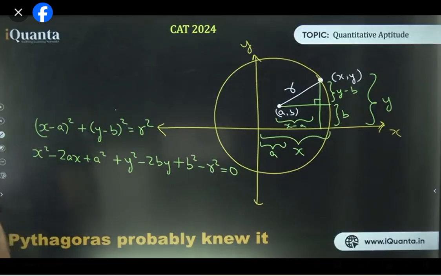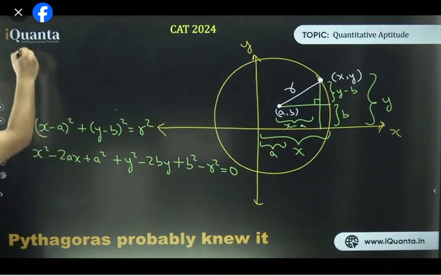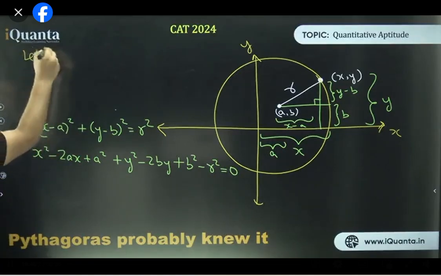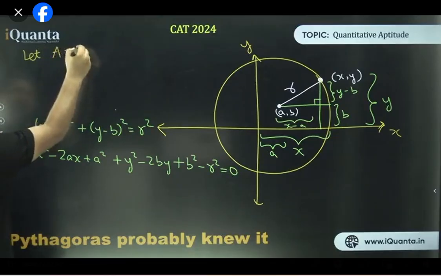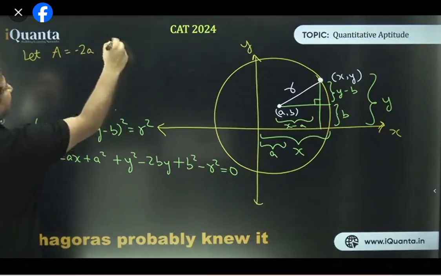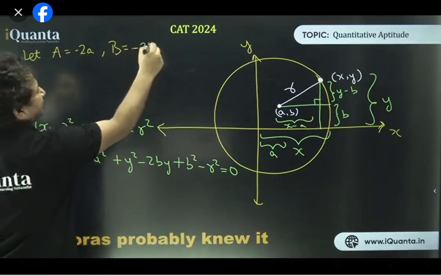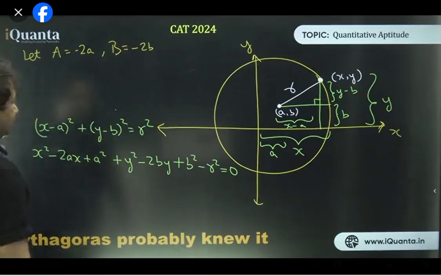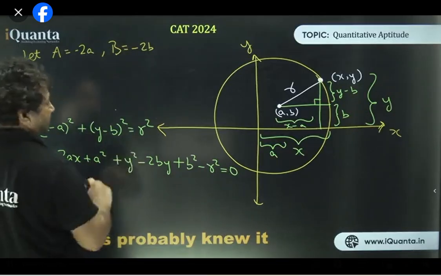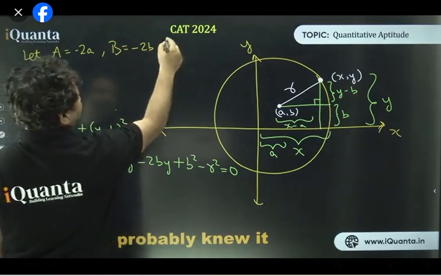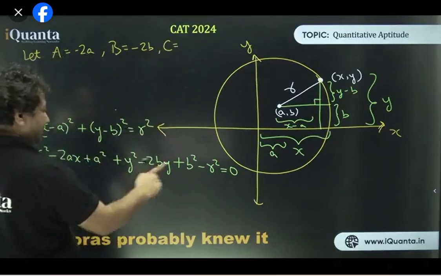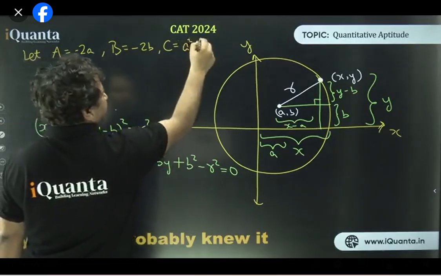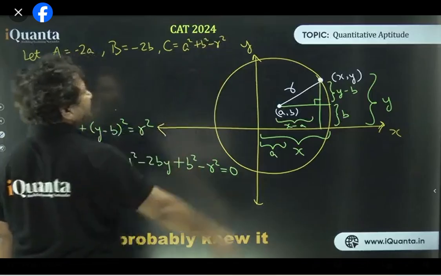Okay? That's right. Now, let capital A be equal to minus 2a and capital B be equal to minus 2b. And capital C to be equal to a square plus b square minus r square.